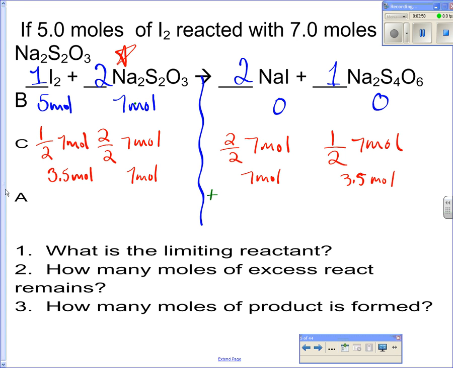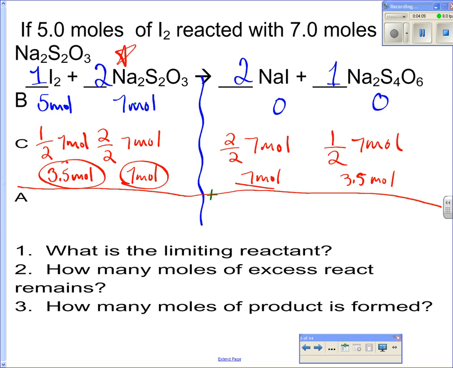Now, I haven't gotten to my after line yet. I'm going to draw a line underneath this, because for my after line I'm going to take my change and subtract it on this side, from the before. So it's 5 minus 3.5, which is 1.5 moles.